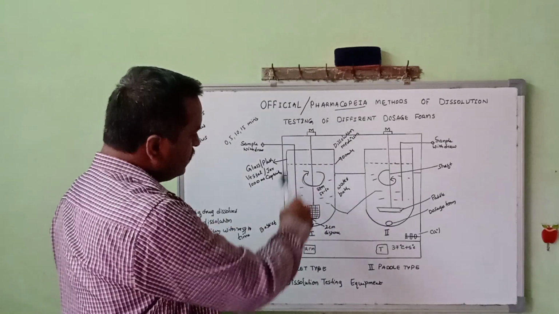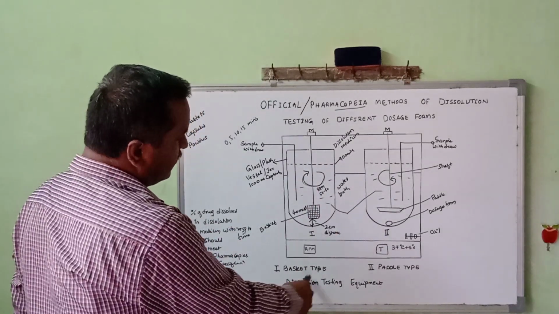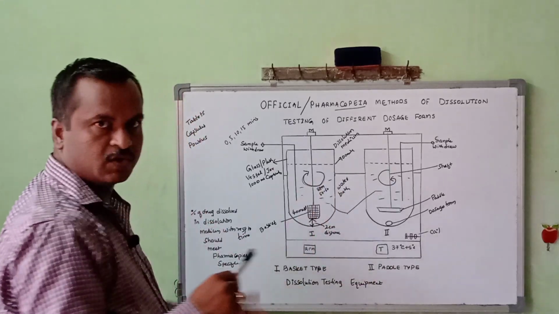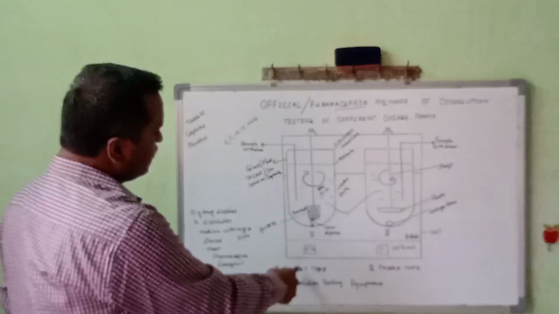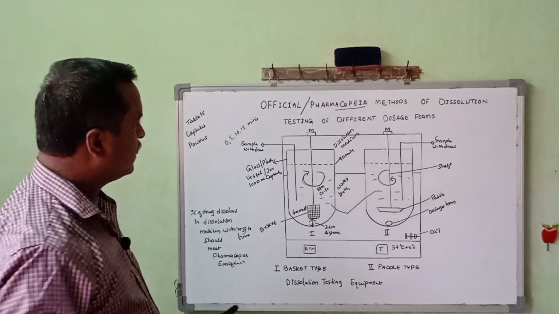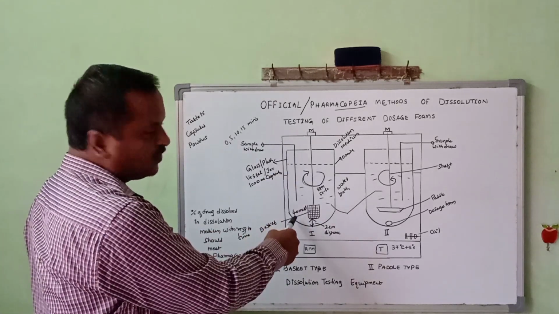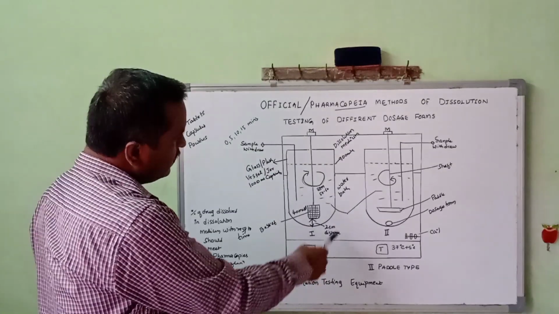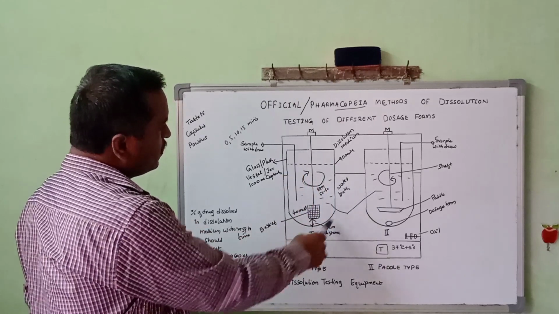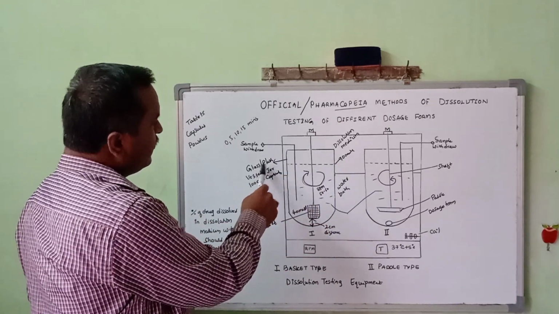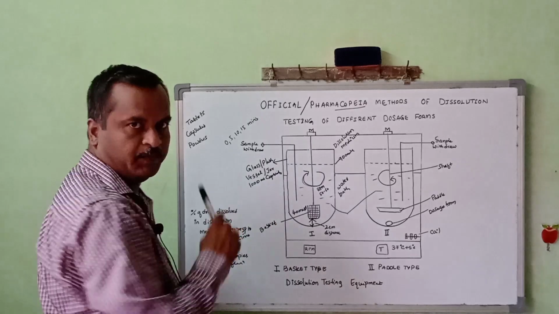The basket type and paddle type are almost the same. Let me discuss the construction of the basket type. The basket type dissolution testing apparatus consists of a 1000 ml capacity glass or plastic vessel or jar.